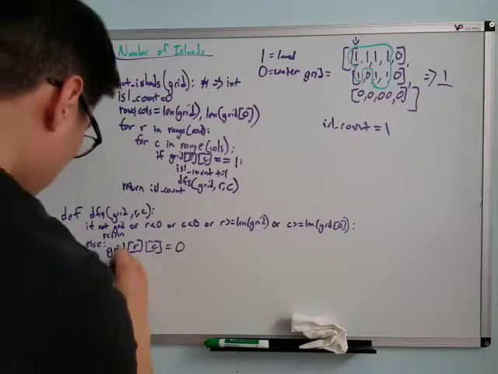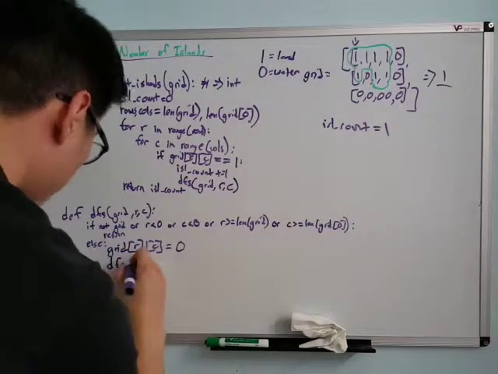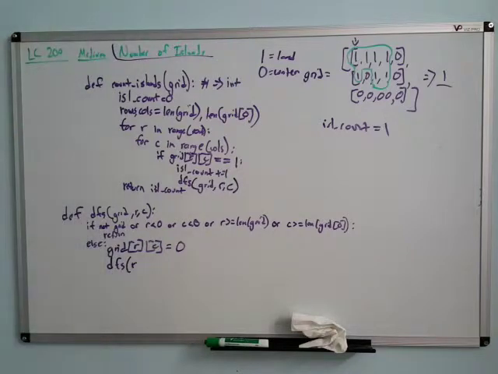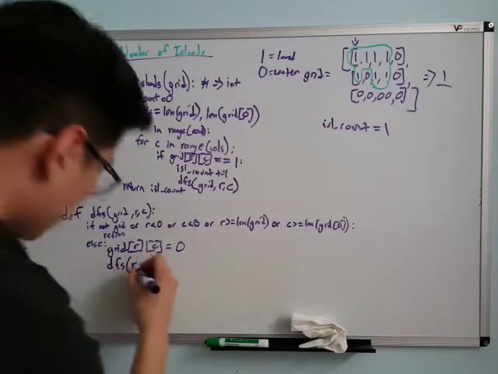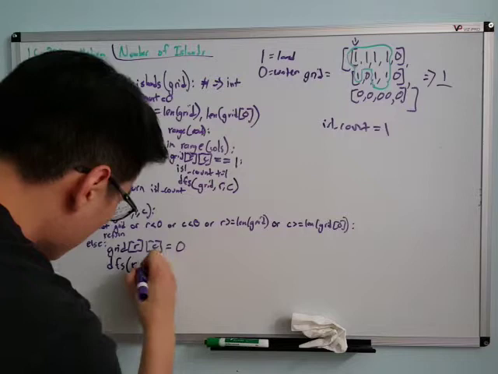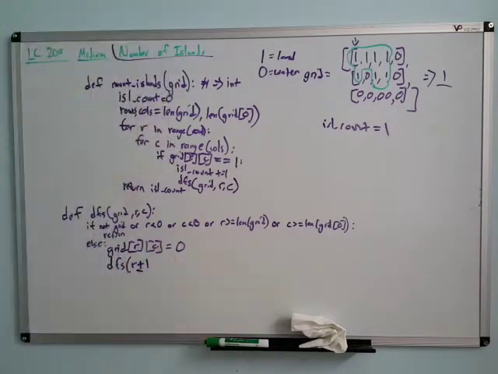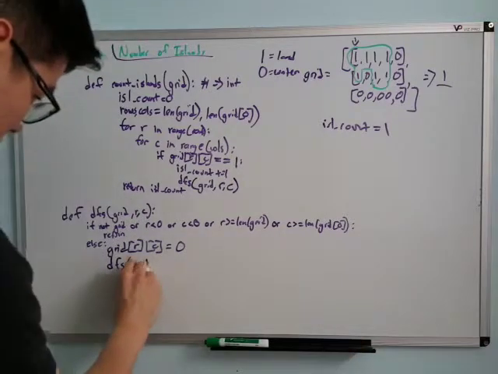And then here, we're going to recursively call this function with DFS, and we're going to do R plus 1, R minus 1. To save space on the whiteboard, I'm just going to do plus minus 1, and it should be grid first.